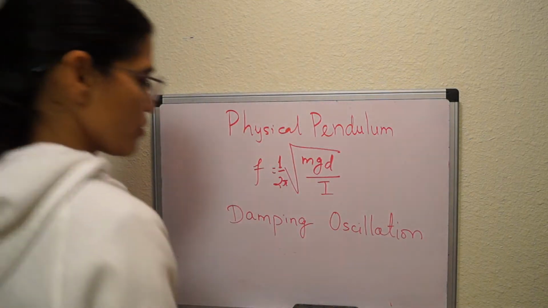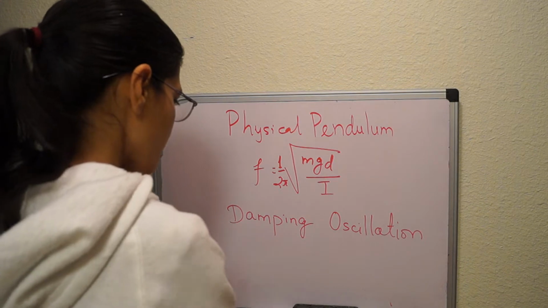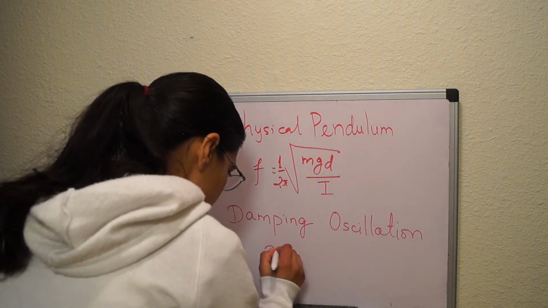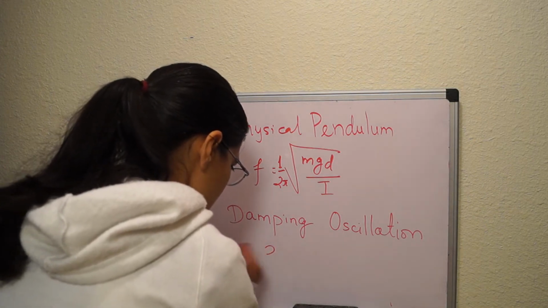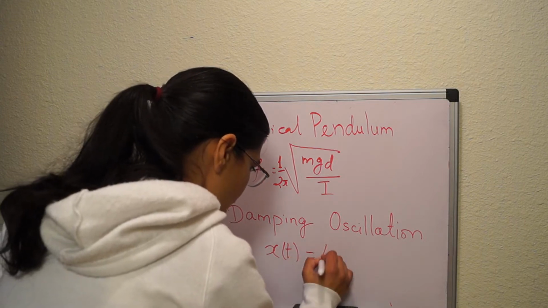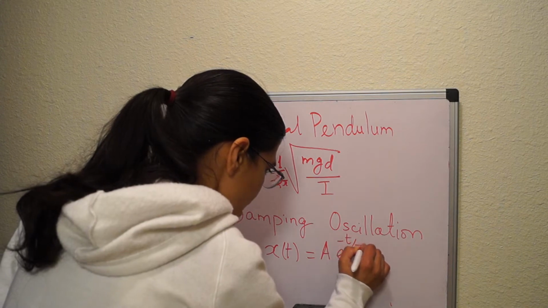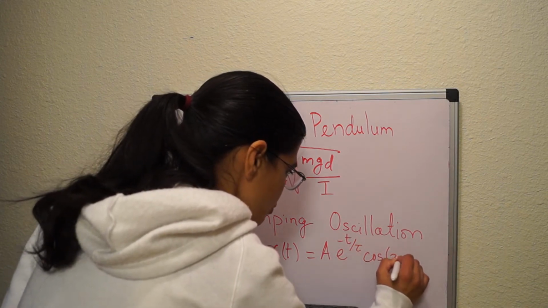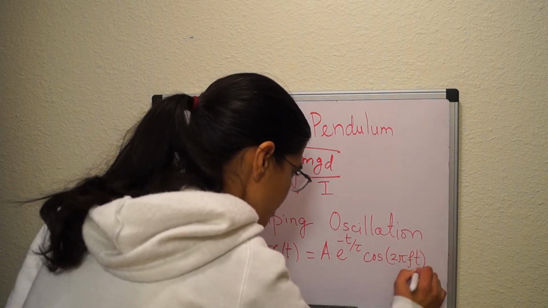We said we could use a mathematical model to describe the damped oscillation, where the equation for position versus time is x(t) equal to A e to the power minus t over tau, cos of 2 pi f times t, right?